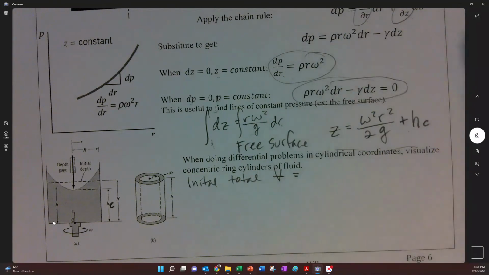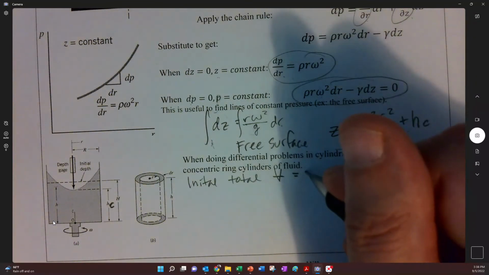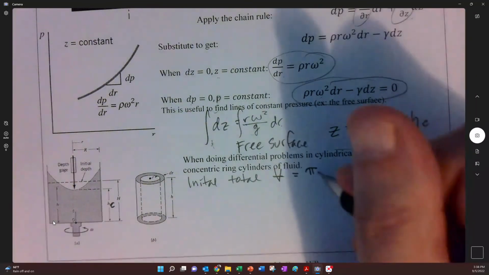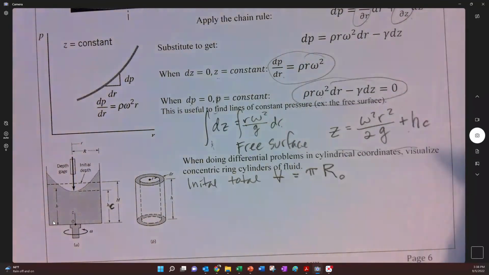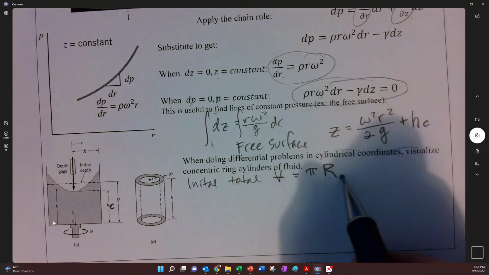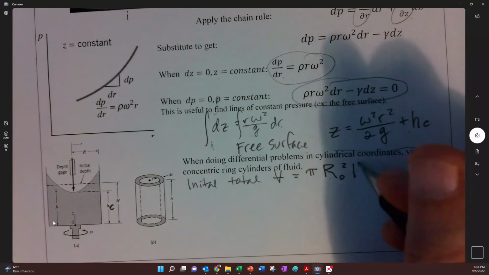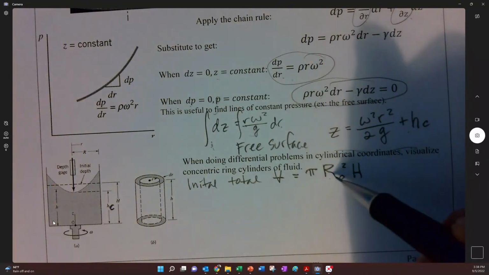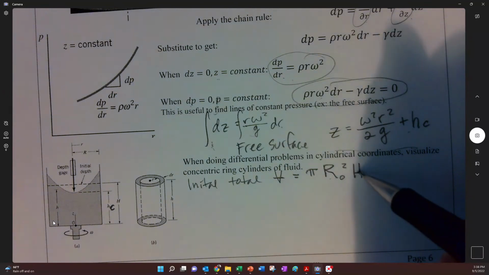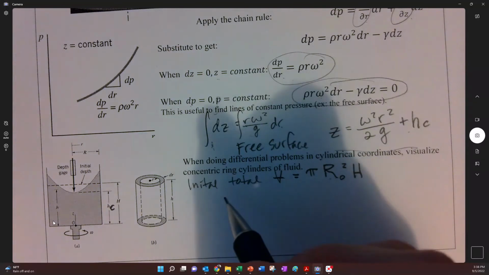So the volume in the beginning has to equal the volume when it starts spinning. So it's going to be pi, and let's use capital R, the total external radius. This is the outside radius squared, times h, the initial height. So here's the outside radius, and here's the initial height, and this is the non-spinning volume, which is what we just found.